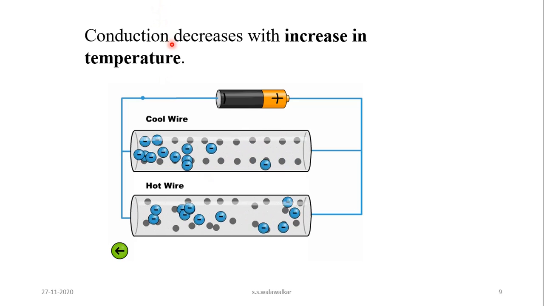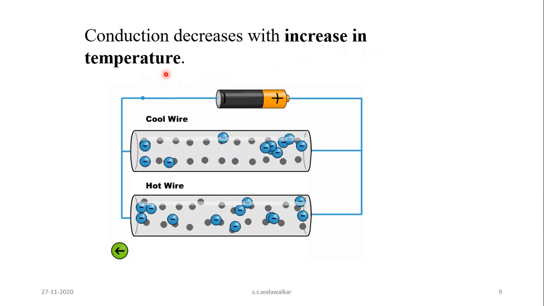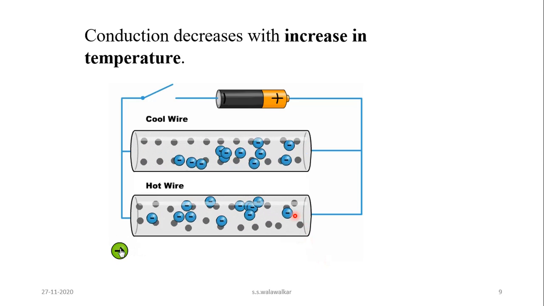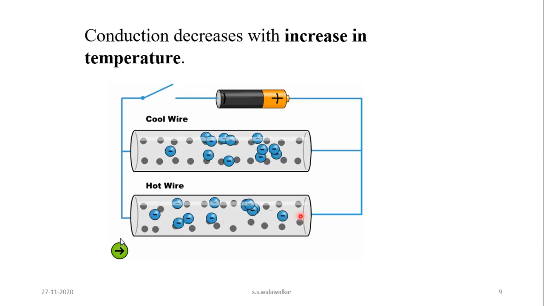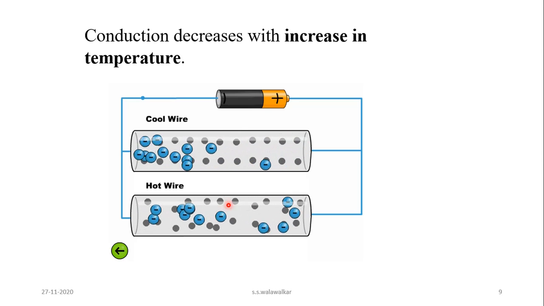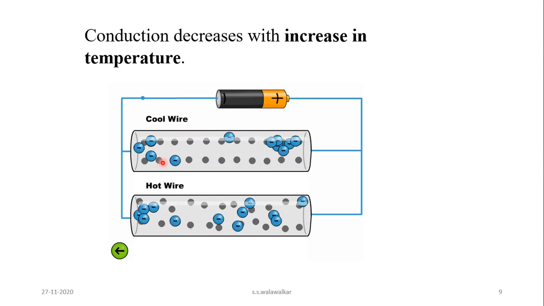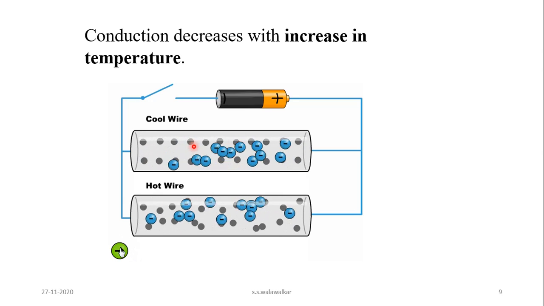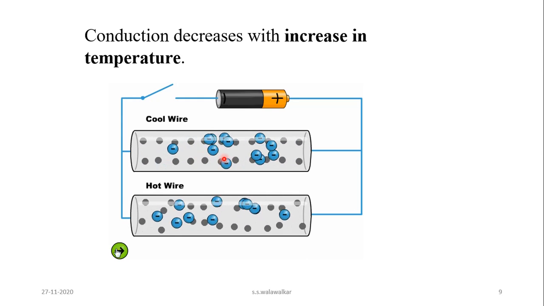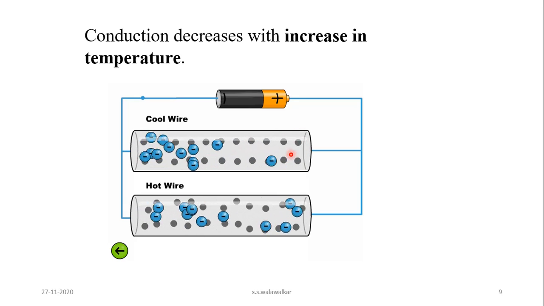That means conduction decreases with increase in temperature. When you increase the temperature, the metal ions resist the flow of electrons. Here the resistance of the positively charged metal ions is less, and therefore conduction is more as compared to the hot wire.